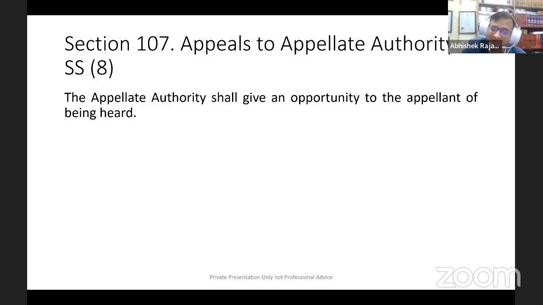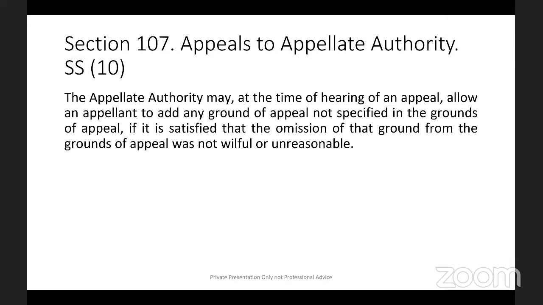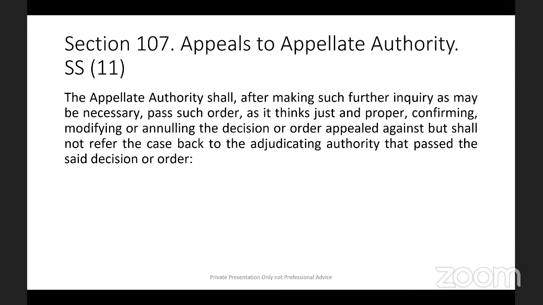The section will remain same, subsection will keep on changing. Yeah, I got this. Okay.